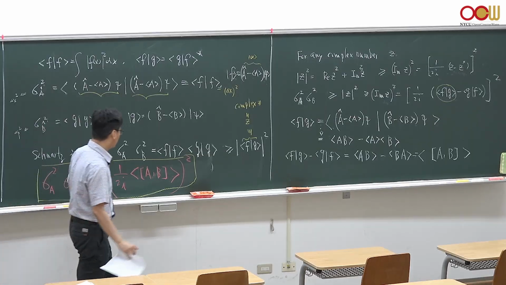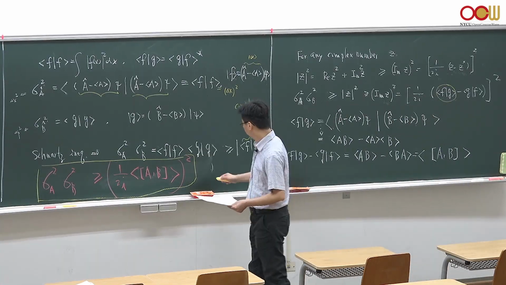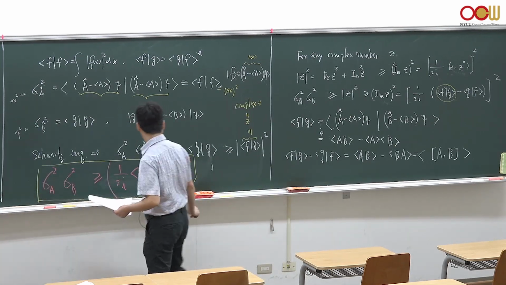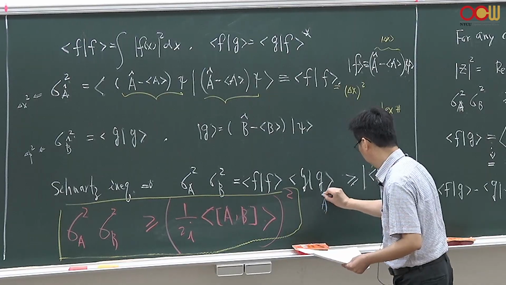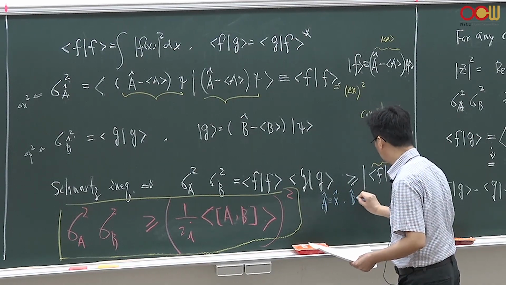So let's check the Heisenberg uncertainty relation for x and p. Suppose I consider A as the x operator and B as the momentum operator.